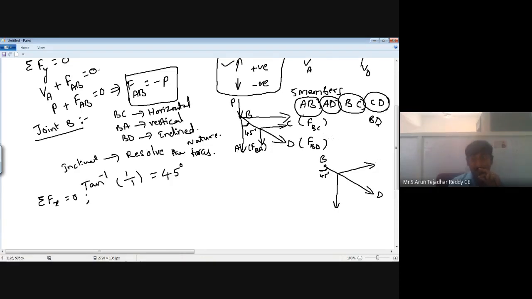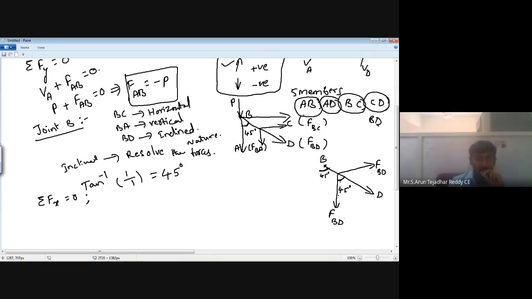It means FBD, and wherever the angle is there, write 45 degrees. Wherever the angle is there, apply cos theta, and where the angle is not there, apply sin theta.